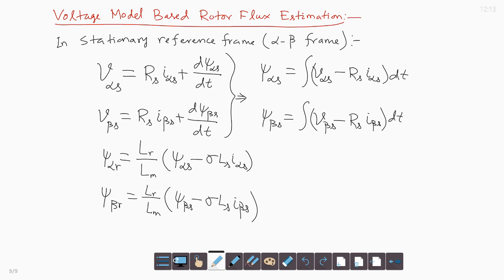So, psi alpha r and psi beta r are the rotor flux components in the two phase frame which we want to estimate, and this is the equation you use. Here sigma is the leakage coefficient, that is 1 minus L m square divided by L s into L r.